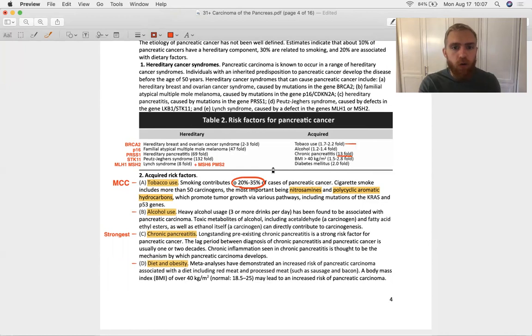Now, we've also got some hereditary factors for pancreatic cancer. And I imagine that any question they ask about this, they'll give you the syndrome and they'll ask you to pick the corresponding gene out of A, B, C, D, E. And they could flip that.